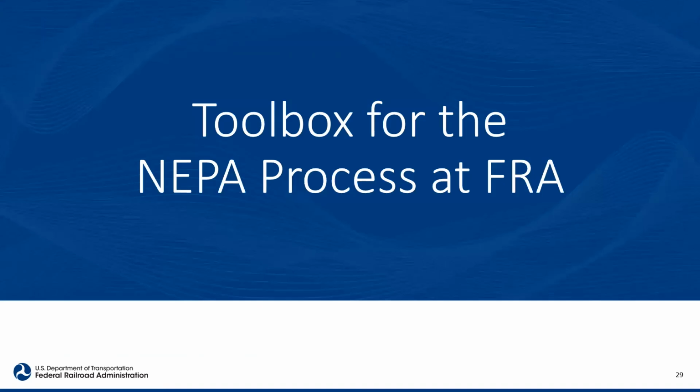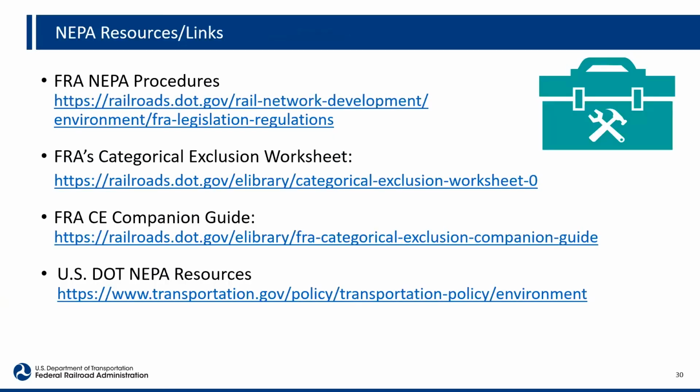And so here we'll talk about some resources that are available for you at FRA for going through the NEPA process. And I'm not going to read all of these in detail. Next slide, please. But please refer back to these and click on the links and look at the information that's available. We have our FRA NEPA procedures.